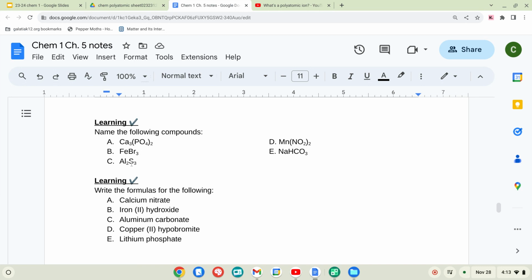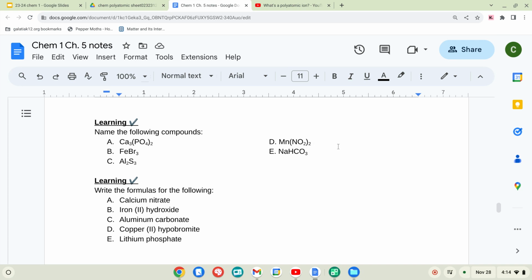C is aluminum sulfide. I do not need to do anything with Roman numerals because I know aluminum's a +3, sulfur's a -2. D is going to be manganese 2 nitrite. So I know I need a Roman numeral because Mn on the periodic table, if you look at it, you don't know a charge. You're going to have a question mark up here.